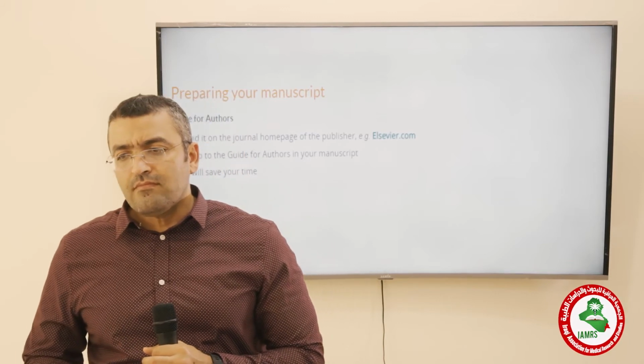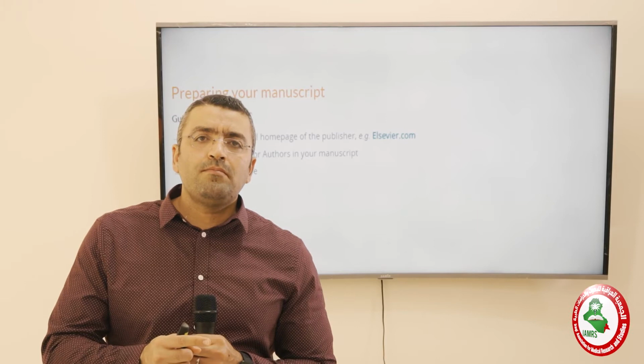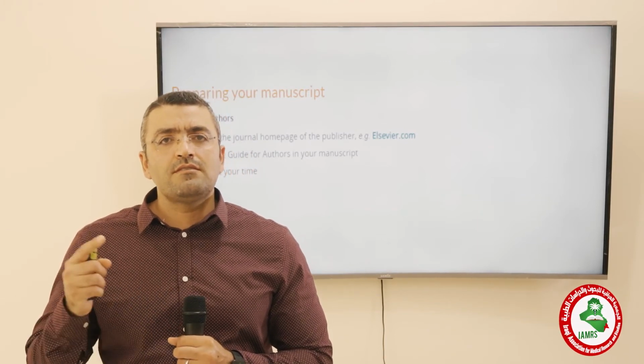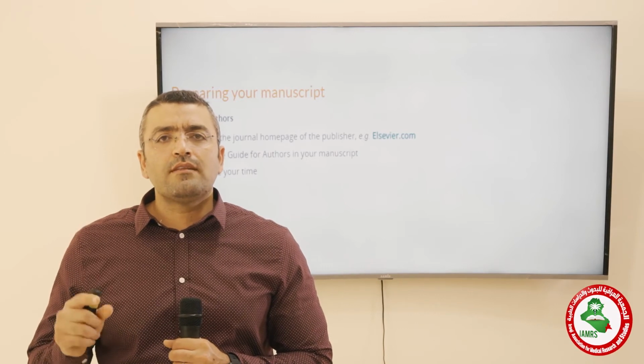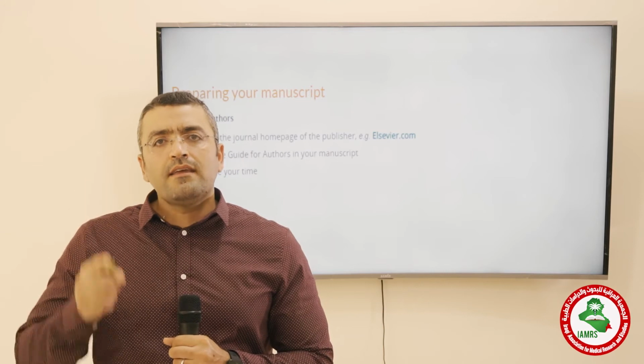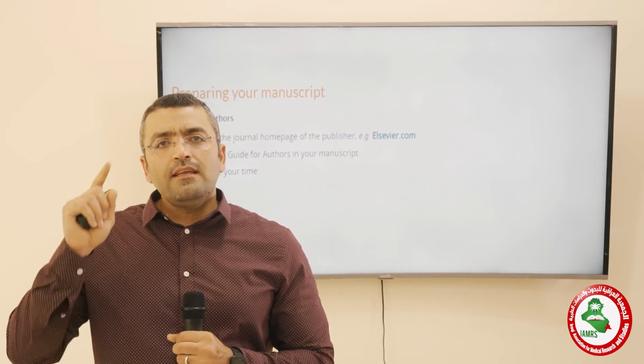Okay. A very important thing to do when you are preparing your article for publication is to read the guide for authors, or instructions for authors. It's very important. This section is present in all journals. So read it carefully, and look at each point.